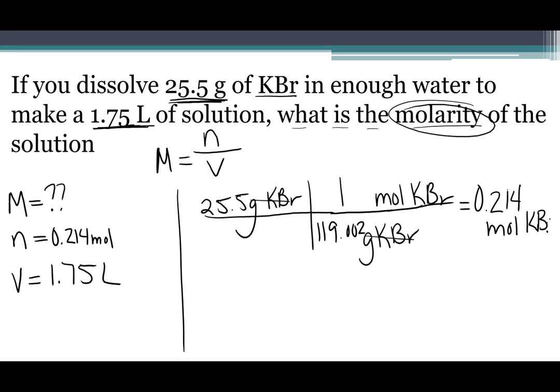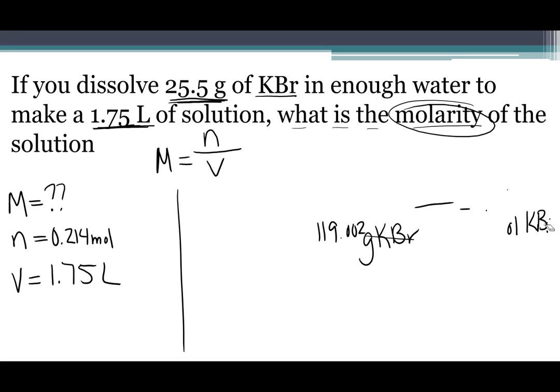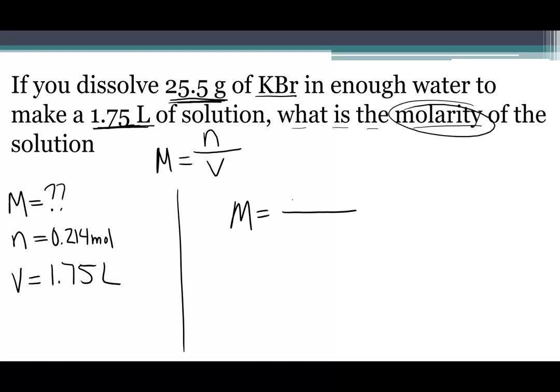I have two of the variables. I can use two variables to solve for one. So I'm just going to get rid of this so I have some space to work on my molarity. All right. So now let's plug and chug. Plug it into the equation, chug through it. So molarity equals moles on top, 0.214 moles.